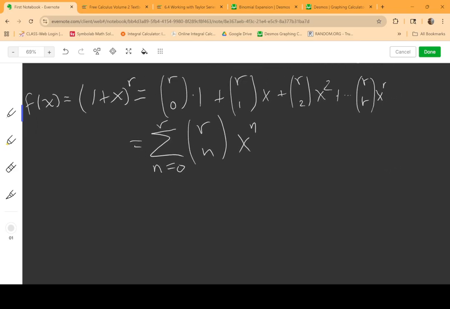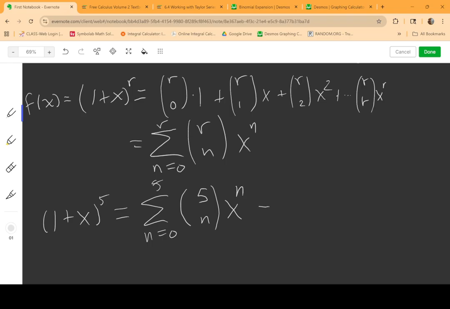Okay, and so in general, if let's say we had 1 plus x to the 5th, that equals the sum n equals 0 to 5, 5 choose n, x to the n.